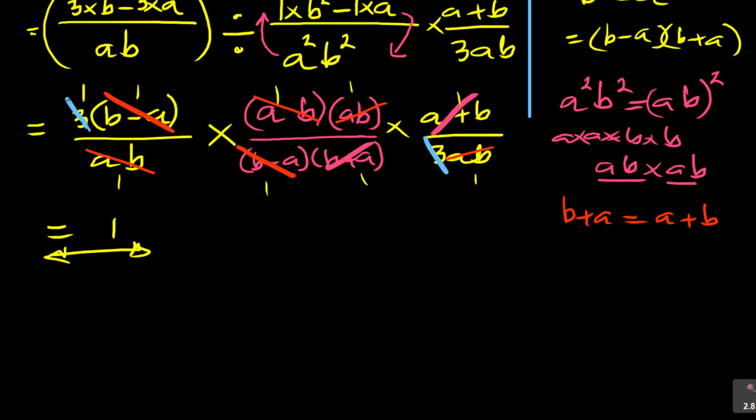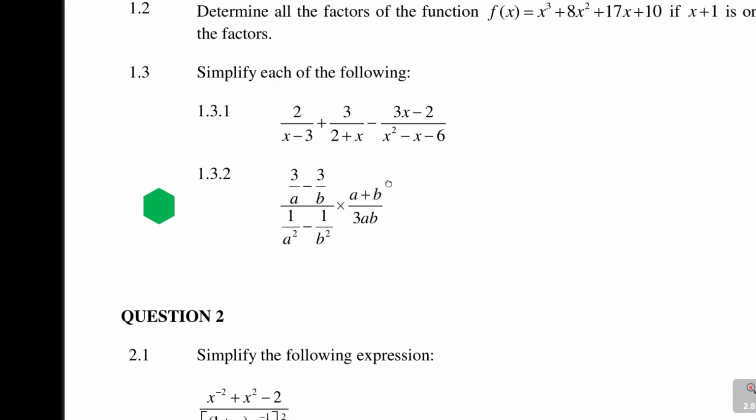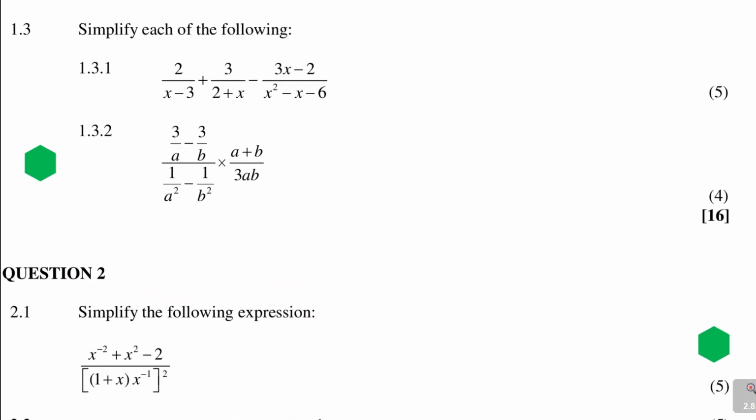Again, I'm always an enthusiast of testing your answer. Test. Since we got 1 as our answer, we can substitute. It means any value I put here, any value of a and b, should give 1. Let's choose any values of a and b.